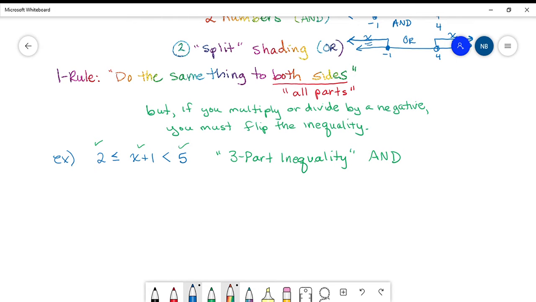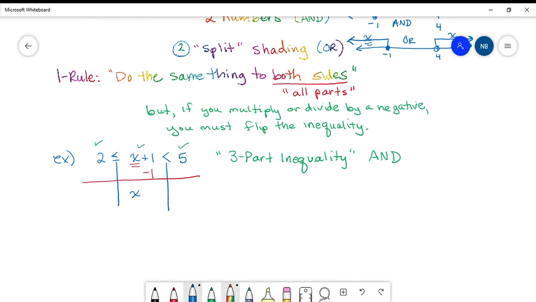Well, the first thing we're going to do is draw dividing lines at our inequality symbols, just like we did in the previous video, except this time we have two inequalities in one problem. Now our goal is to isolate x, so we need to subtract 1 in order to get x by itself.